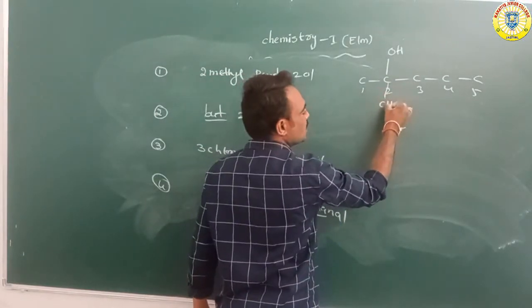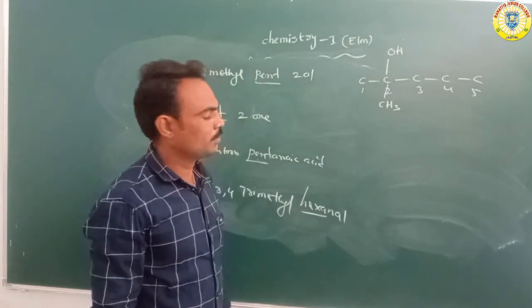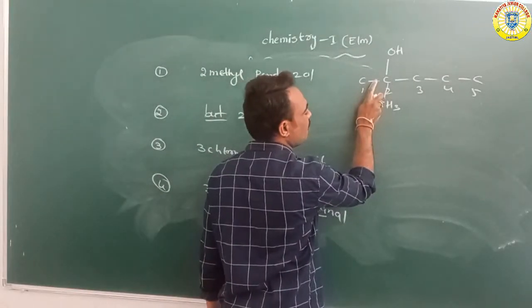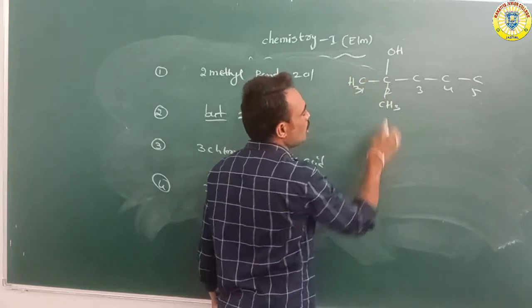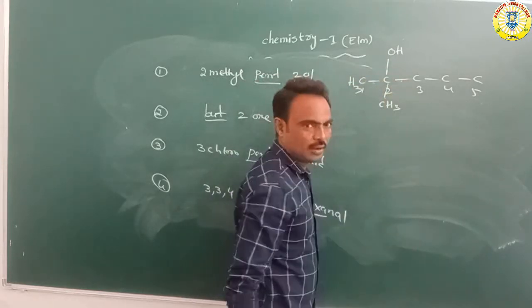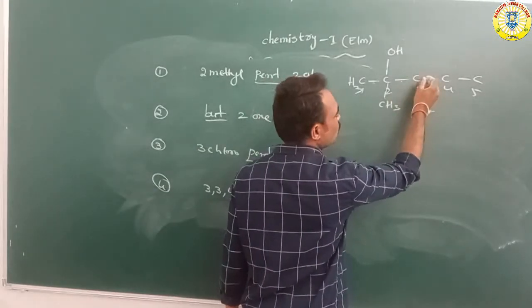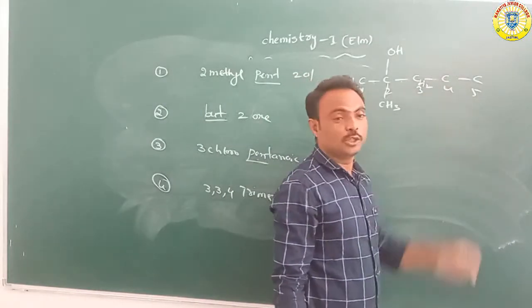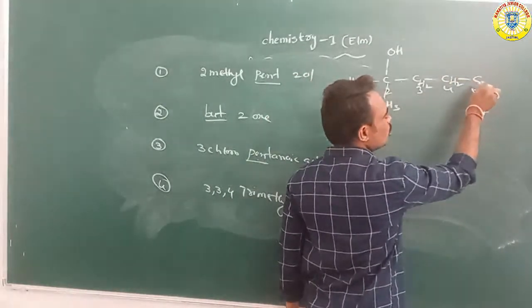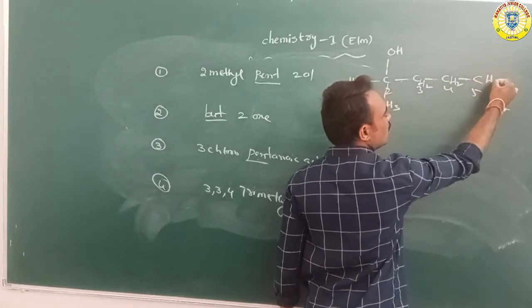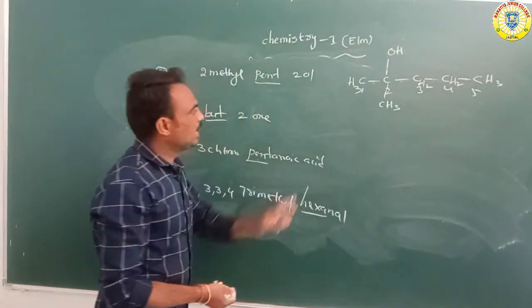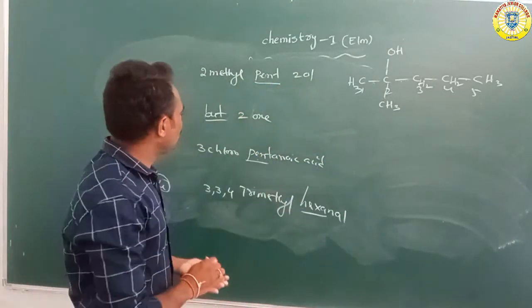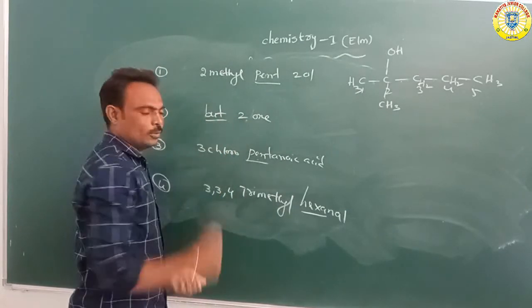Now we are arranging the hydrogens. This carbon is attached with only one bond, remaining H3. So this carbon, 1, 2, 3, 4 fulfilled. This carbon is attached with 2 bonds, remaining H2. This carbon also has 2 bonds, remaining H2. This carbon has only a single bond, remaining H3. So that is 2-methyl pent 2-ol.